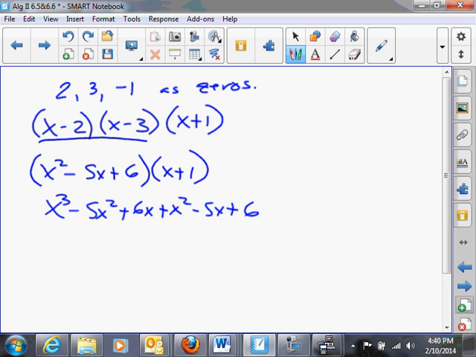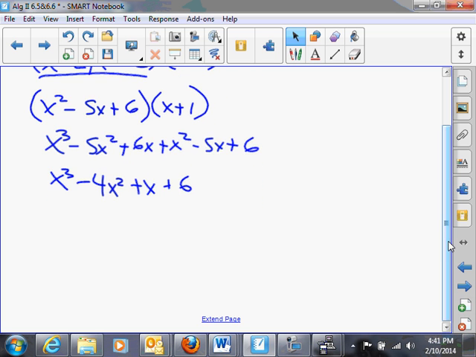And then combining like terms and writing it in standard form, we have x cubed minus 4x squared plus x plus 6. And that would be the polynomial with the smallest degree, degree 3, that has 2, 3, and -1 as zeros.